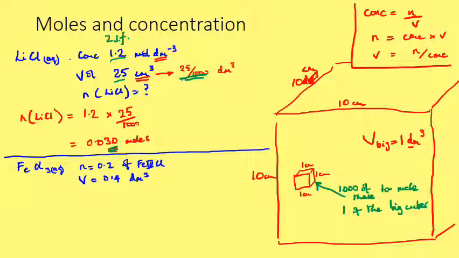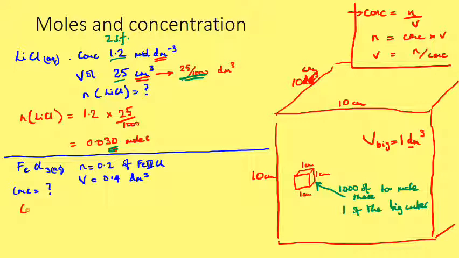Okay, so it's asking us for, let me just switch back to blue because I've not told you what it's asking us for. It's asking you for the concentration, of course, in which case we'll probably use this version of the equation.